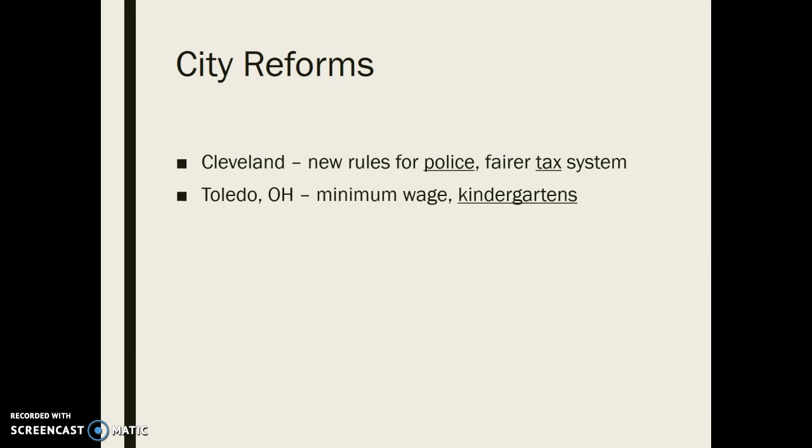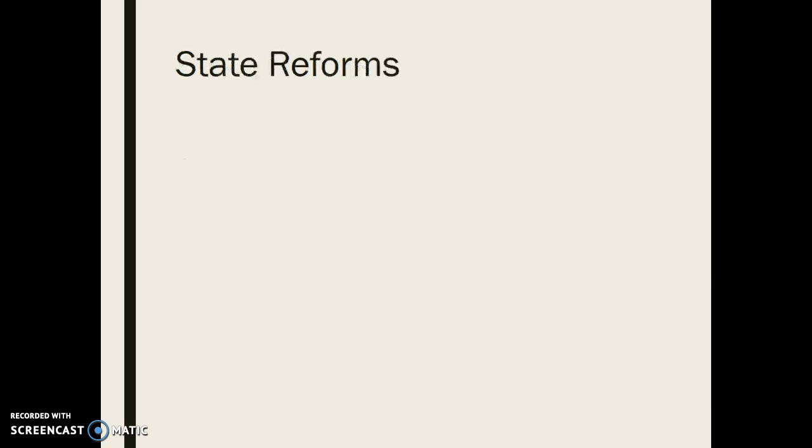And Toledo, Ohio passed a minimum wage and kindergartens. Using public money for things like kindergartens, some might say it doesn't mean it's for little kids, who cares? But there's a public benefit there, and that's the kind of thing you saw during the Progressive era.